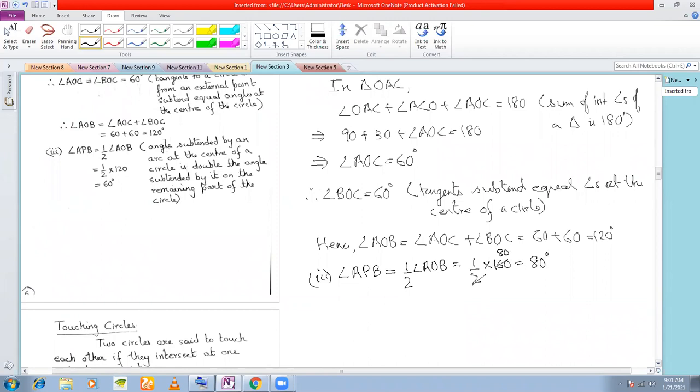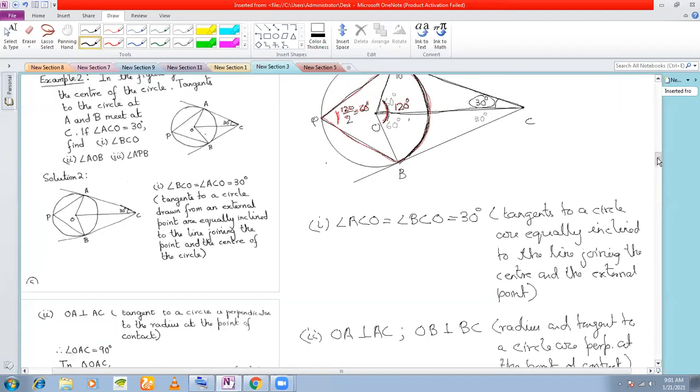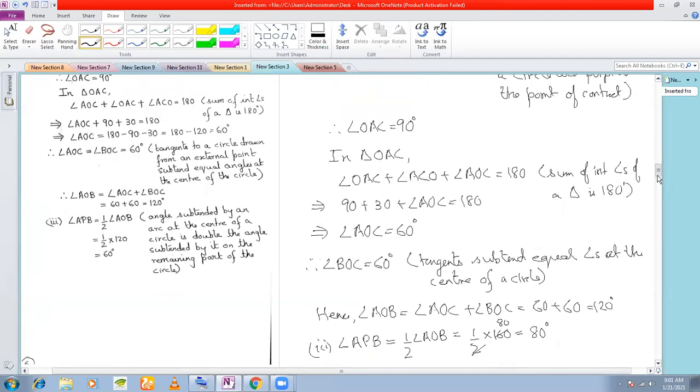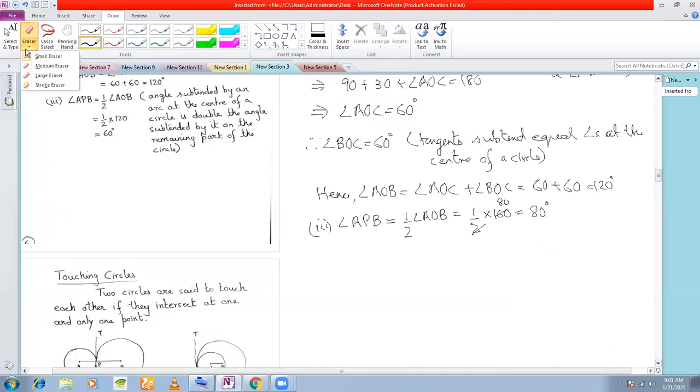So angle APB is 80 degrees. Oh, sorry, 60. We have found this to be 120, not 160. Half of 120. This cancels. So this is 60 degrees.